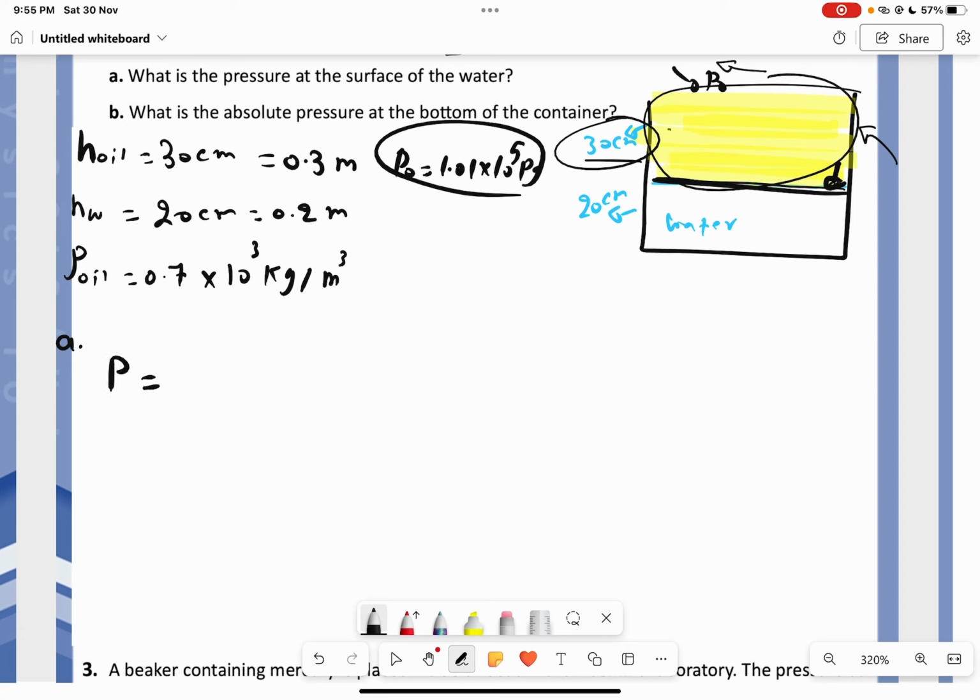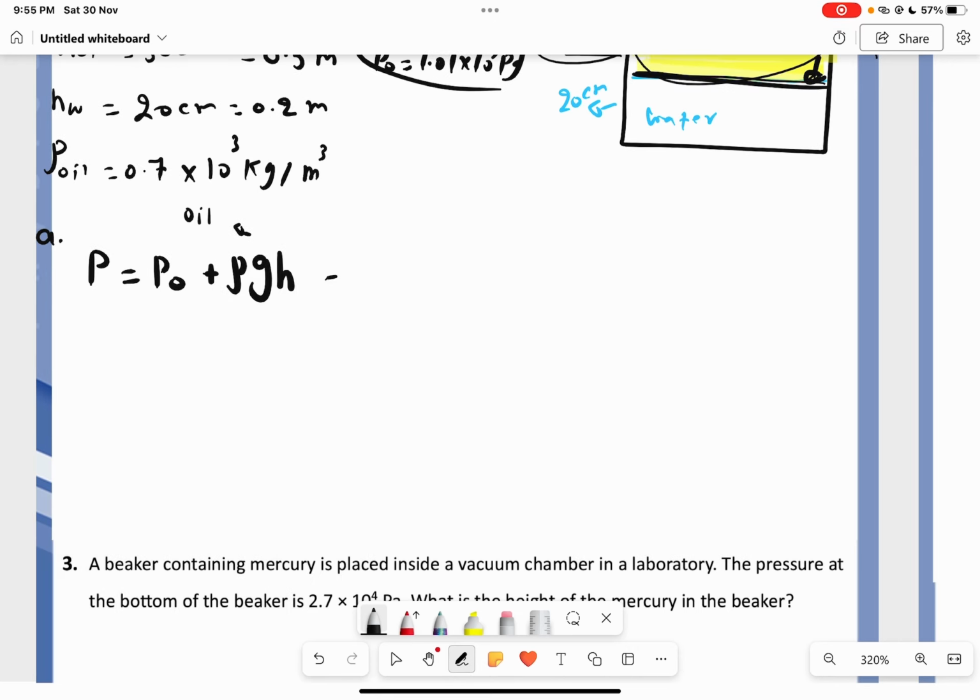So you can write this like this. You'll say pressure is equal to P naught plus rho G H. Rho of what? Of oil. Careful, this is the oil's part. Then you'll say this is equal to 1.01 times 10 to the power of 5 plus, in parentheses, density of oil, which is equal to 0.7 times 10 to the power of 3.